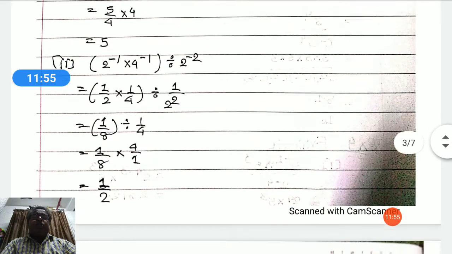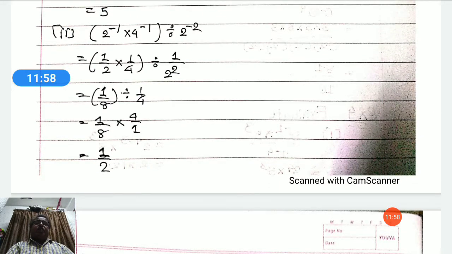Second example, 2 raised to minus 1 multiplied by 4 raised to minus 1, bracket over, divided by 2 raised to minus 2, is equal to: 2 raised to minus 1 की जगह पर 1 by 2 आएगा, 4 raised to minus 1 की जगह पर 1 by 4 आएगा, दोनों का मल्टीप्लीकेशन होगा, so 1 by 2 multiplied by 1 by 4, divided by 2 raised to minus 2, वो हो जाएगा 1 divided by 2 raised to 2, is equal to 1 by 8 divided by 1 by 4.